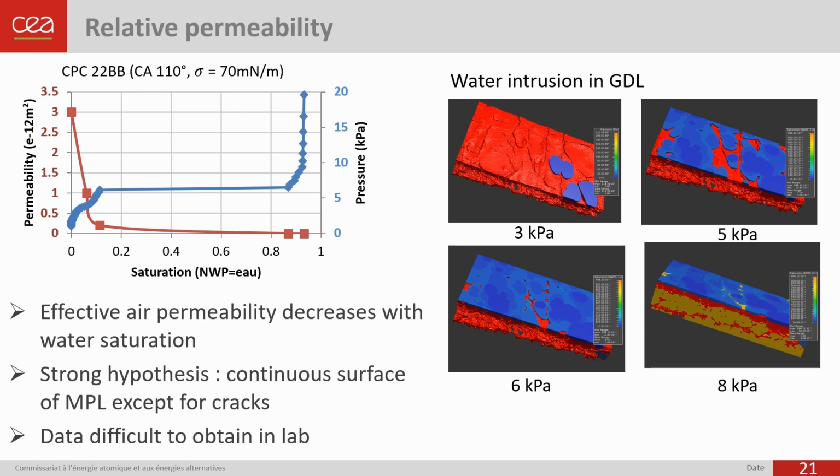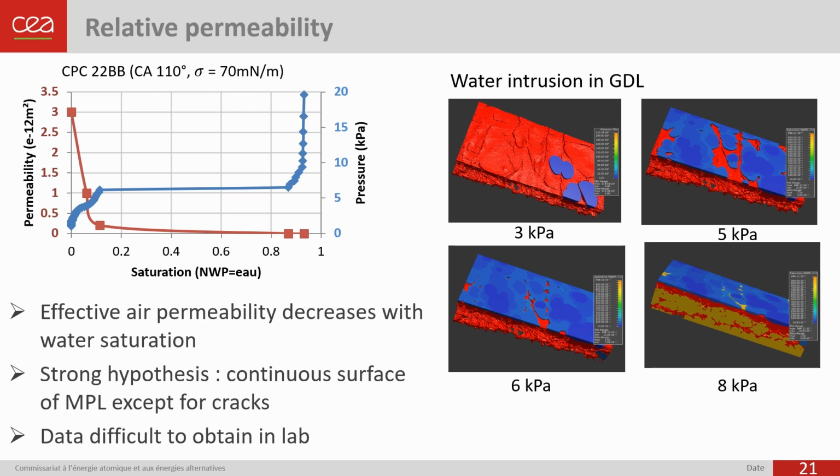This is much easier. Here on the right, we see the visualization of the water intrusion into the structure. What you can see is water displayed all on the structure of the MPL above, before entering the carbon substrate. It takes some time and some pressure, and this is explained by the fact that the pixel size of the tomography which has been used was higher than the particle size of the MPL.